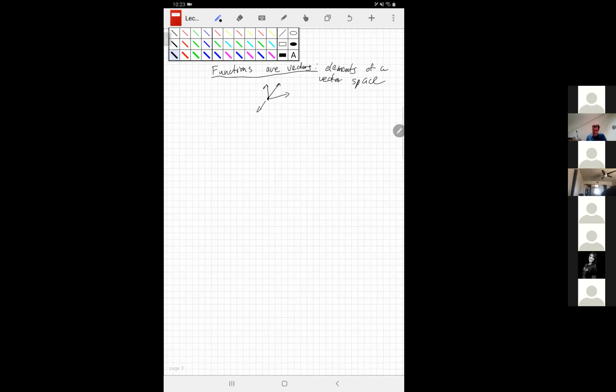And the vector space has 2 operations. It has addition of vectors, and this addition is commutative and associative.